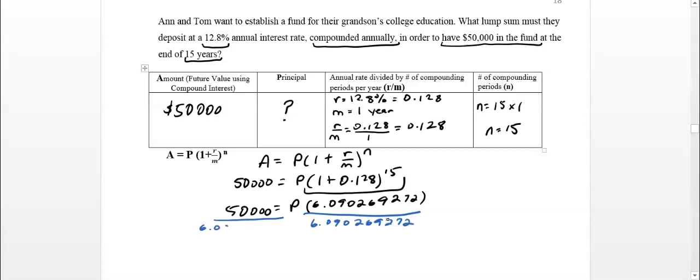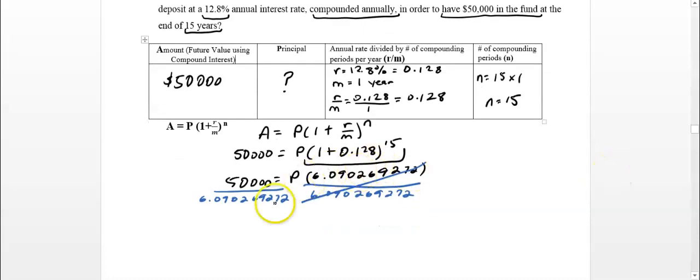We divide that decimal on both sides so that we can isolate the P for principal. Once we divide away that decimal on the right, we end up with the isolation of our principal amount, P equals, and after dividing, we end up with $8,209.82.